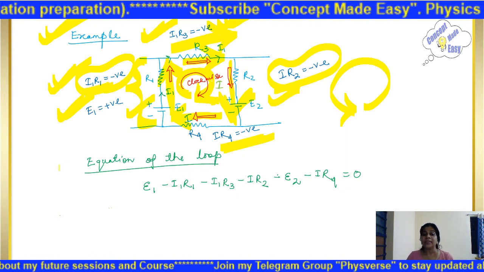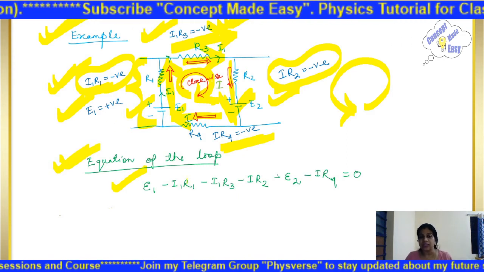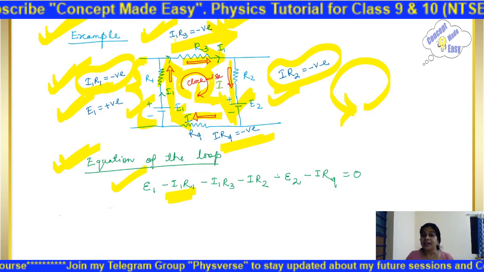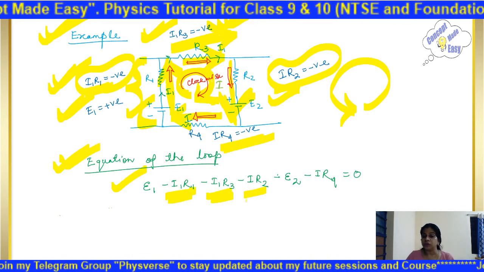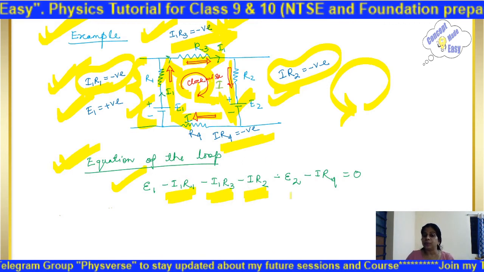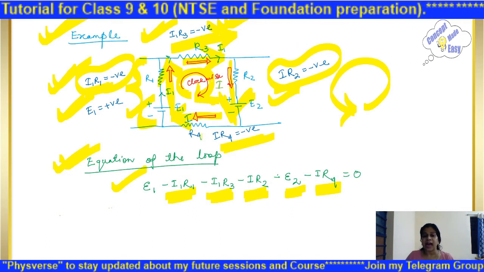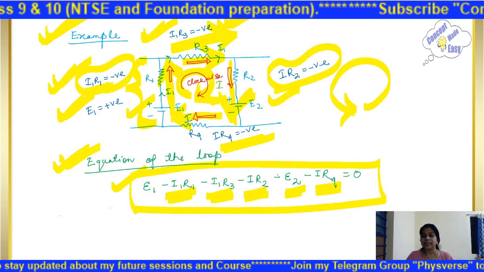So what is the equation for the loop? E1 is positive, I1 R1 is negative, I1 R3 is negative, IR2 is also negative, then E2, and IR4 is also negative. So the equation for this loop is like this.